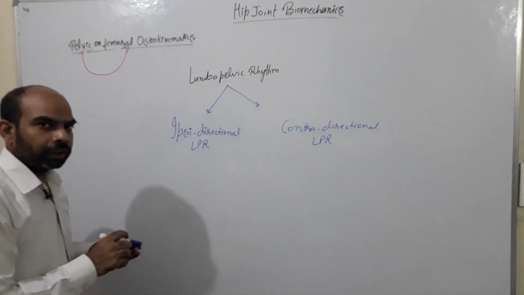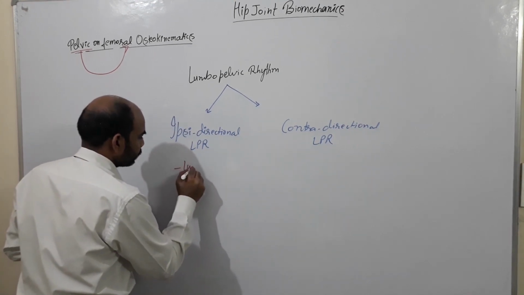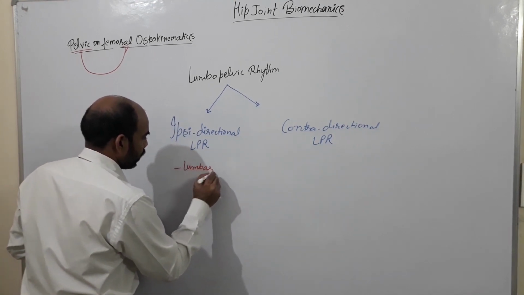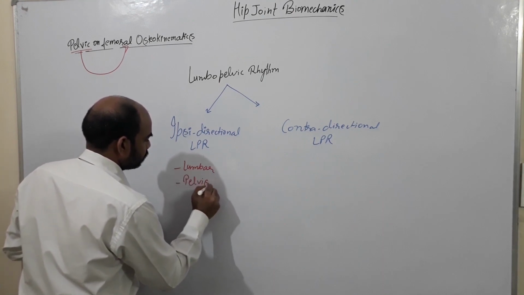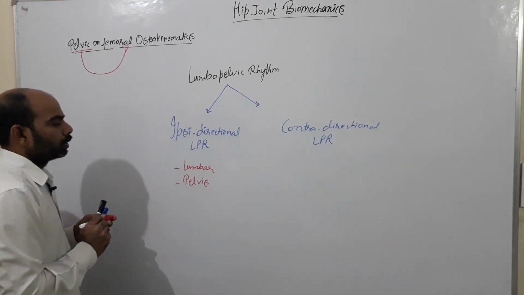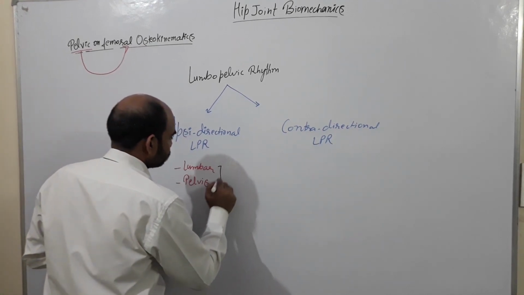Ipsidirectional lumbopelvic rhythm means lumbar spine and pelvis both move in the same direction.